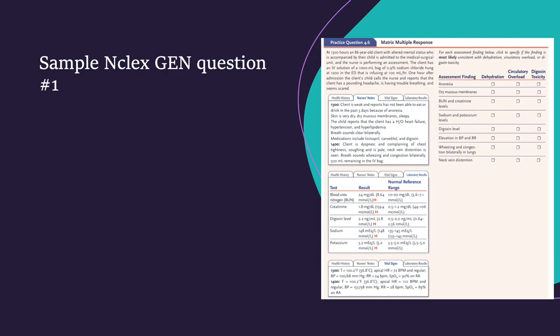And we know with fluids and heart failure, if you don't run them super slow, they can be easily pushed into fluid overload. So you want to make sure that you are paying attention to their health history. Their health history is very important. They thought they were doing good because her blood pressure was low and she was dehydrated. They thought, hey, let's give her some fluids. But guess what? The fluids were running too quick.